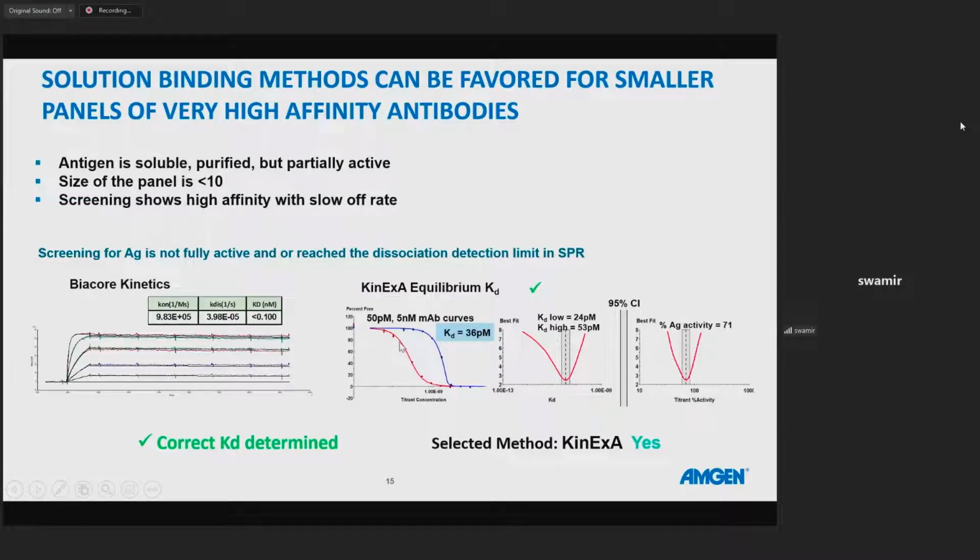From these curves we can get the KD, which is 36 picomolar, and the KinExA software will also generate the percentage activity of the antigen. So in this example, our KD is 36 picomolar and the antigen activity is 71%, and we didn't get appreciable dissociation. That's why we could not measure the exact KD in kinetic instruments.